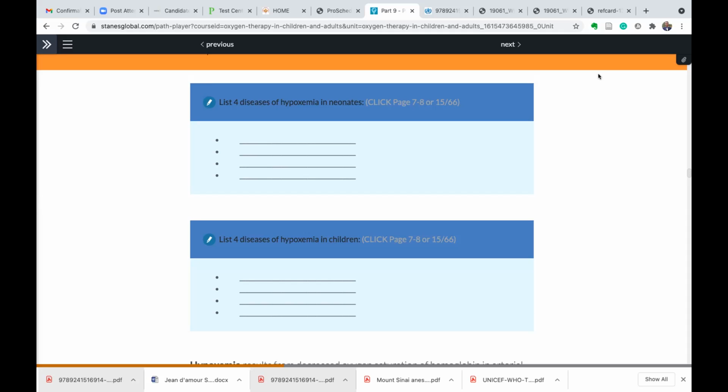So what happens once they are premature and they don't have mature type 2 alveolar cells? What happens with that?